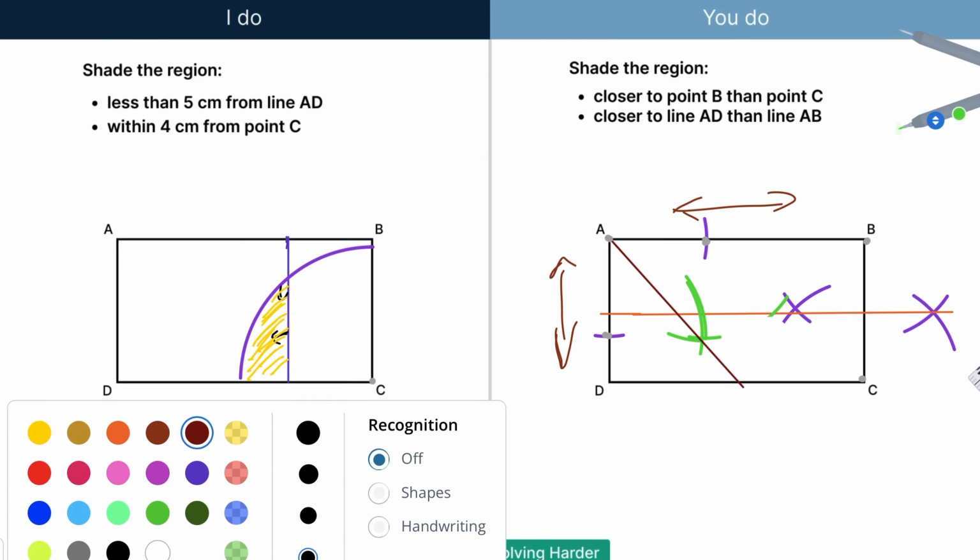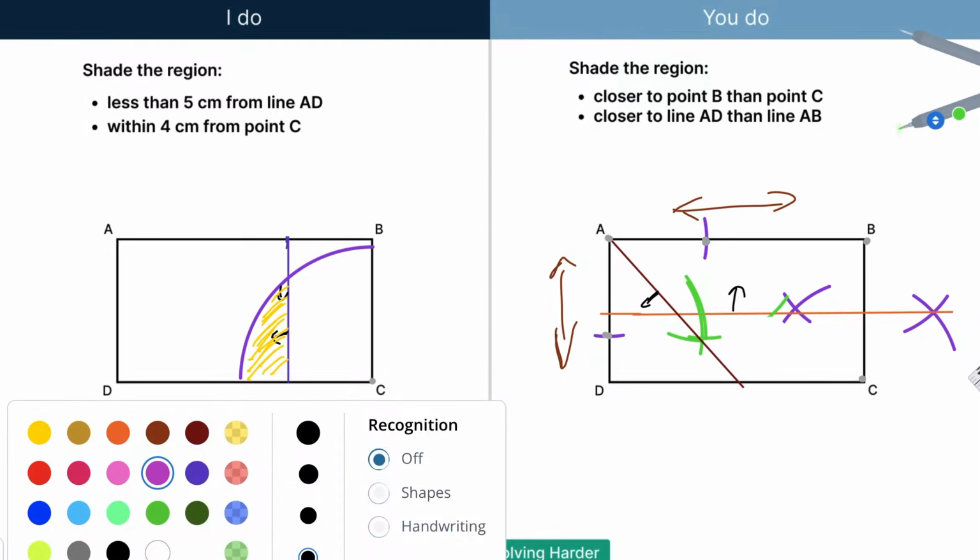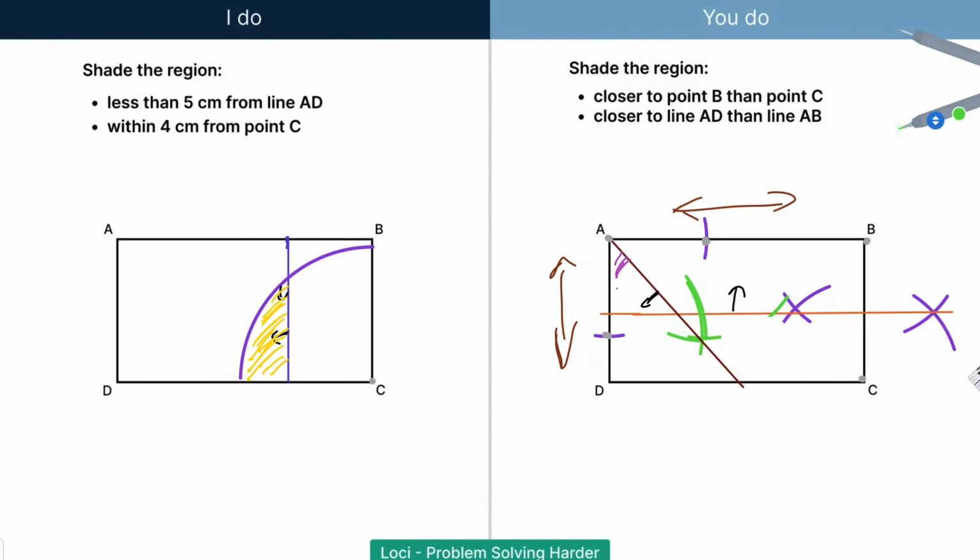So with that, it's saying it's closer to AD, so that's this brown line, than it is to BC. And then on the orange line, it's saying it's closer to BC. So the region that we're going to shade is going to be this one here, because it's closer to side B than C, and then it's closer to AD than it is to BC.